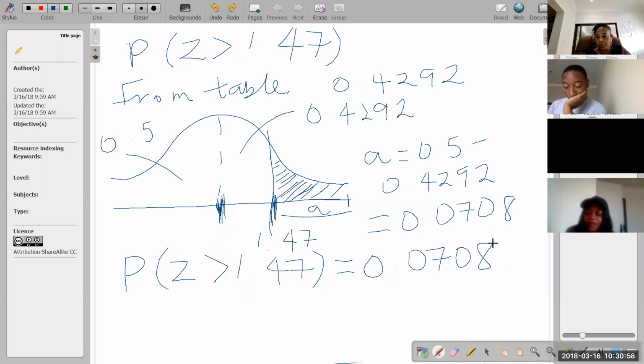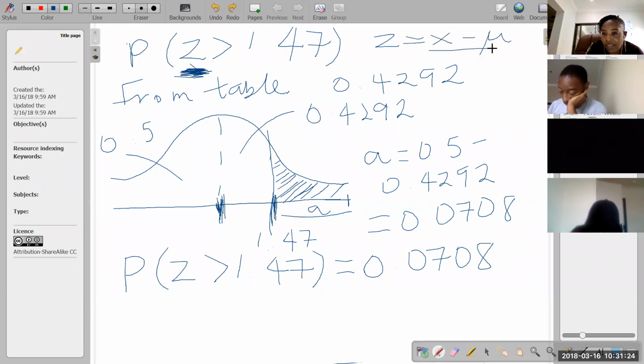So, ma'am, you didn't use the formula because it's right? Because you already calculated. Can you see what is written here? It's a Z, not an X. Oh, okay. So you have to be careful. If it was an X, then we calculate. But when you see a Z, that means it's already been standardized. That means they've used the formula Z equals X minus mu over sigma.